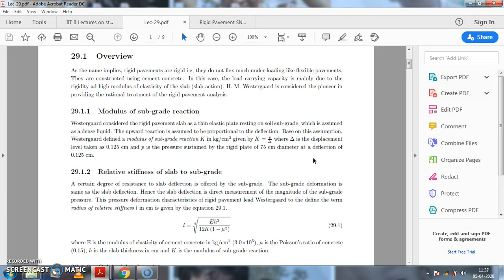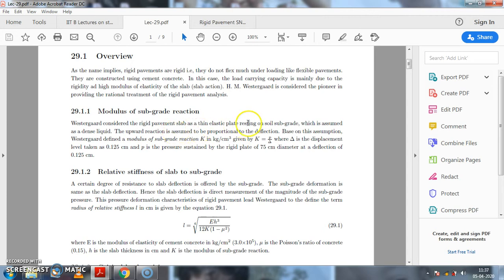So Westergaard assumed that the rigid pavement is acting as that wooden block. Now the soil subgrade is like the water medium, or the dense liquid medium. Clear?